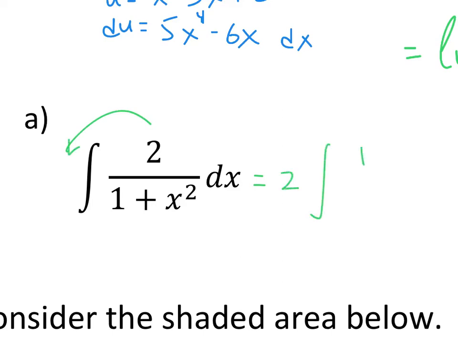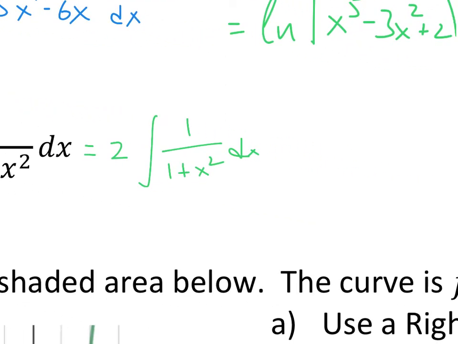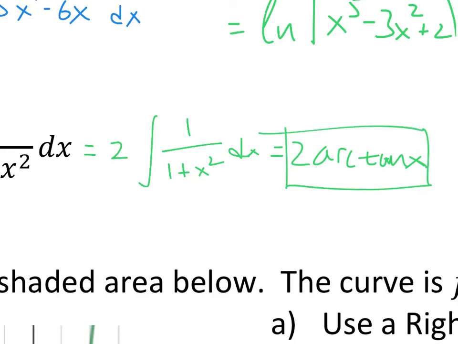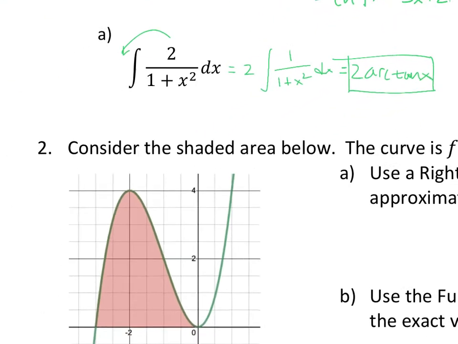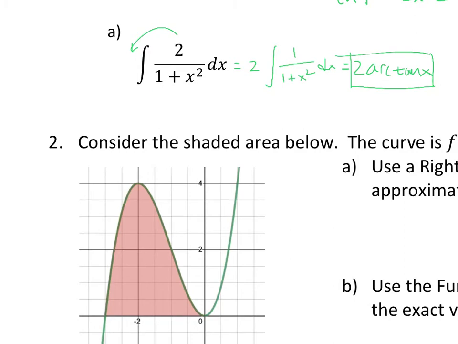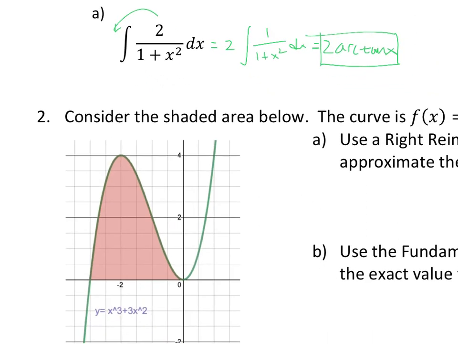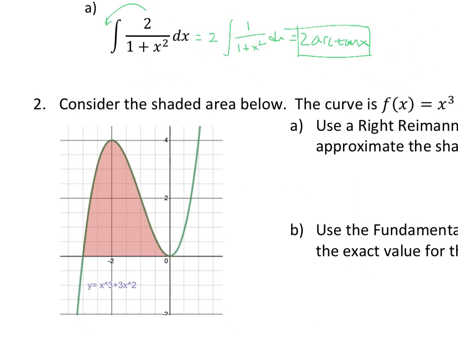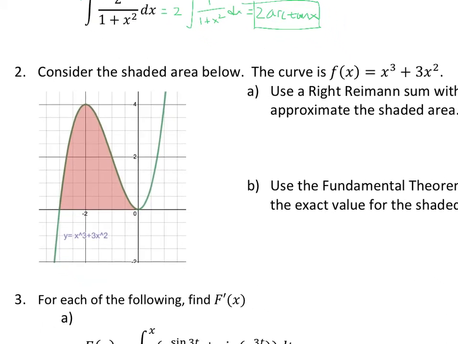So that's the integral of 2 over 1 plus x squared dx, and 1 over 1 plus x squared is arctangent. So this is 2 arctan of x. And that's that. Okay, so arctan, arcsine, be familiar with those there. Specifically those two. Arcsecant, you won't see that much.